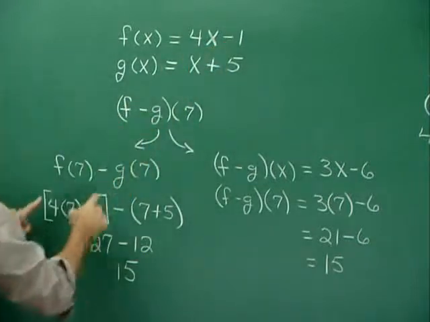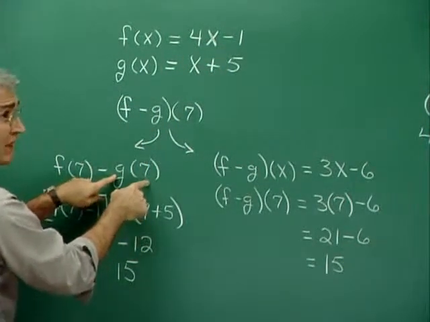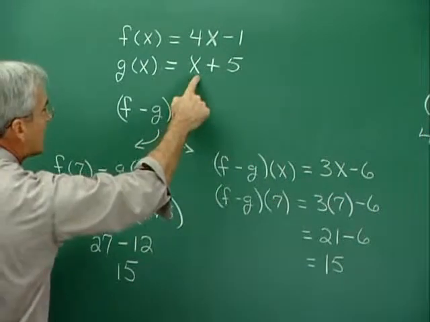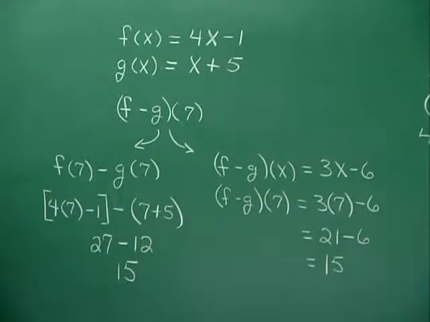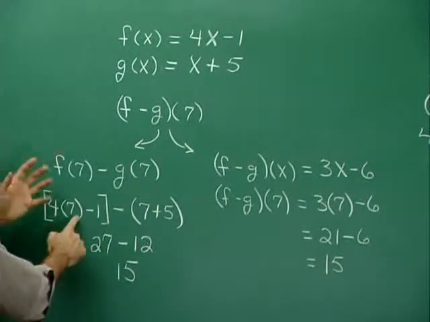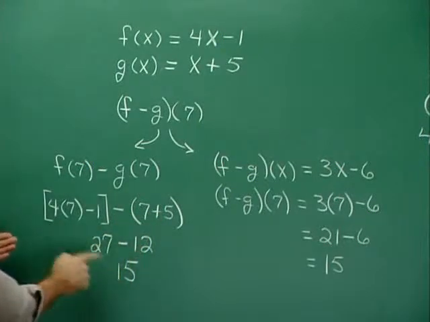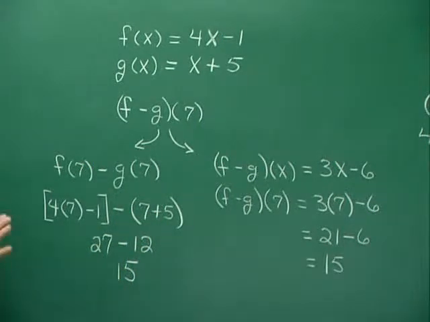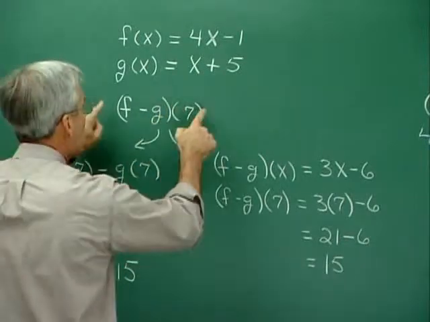So that's 4 times 7 minus 1. And then minus g of 7: in the g function, replace x with 7 and evaluate. So this x would be replaced with 7, so we would have 7 plus 5. And now we'd get 4 times 7, 28, minus 1, 27, and then here we have 12, 27 minus 12, 15.